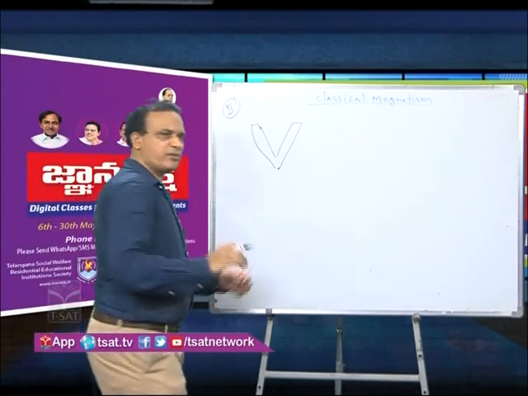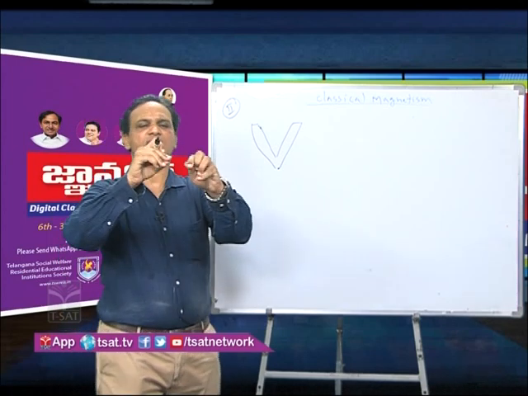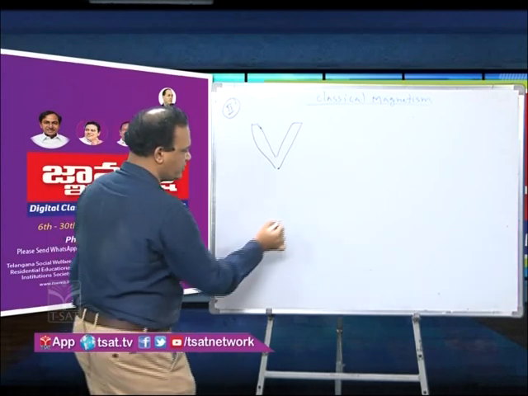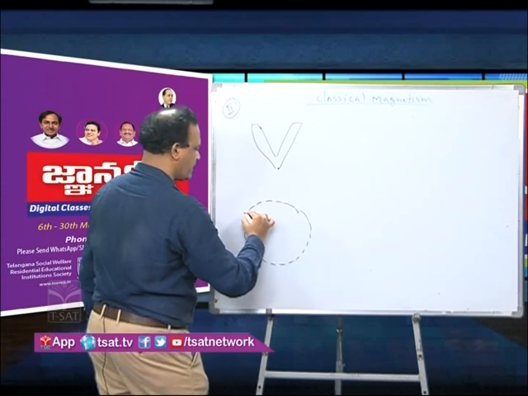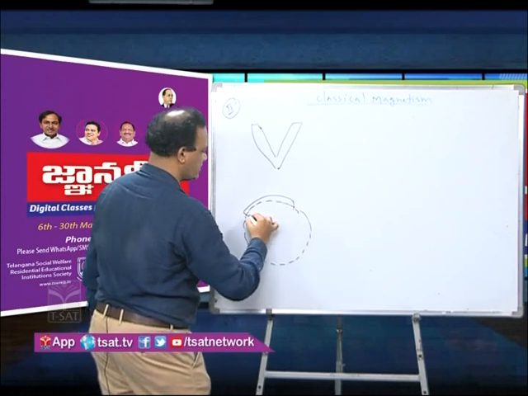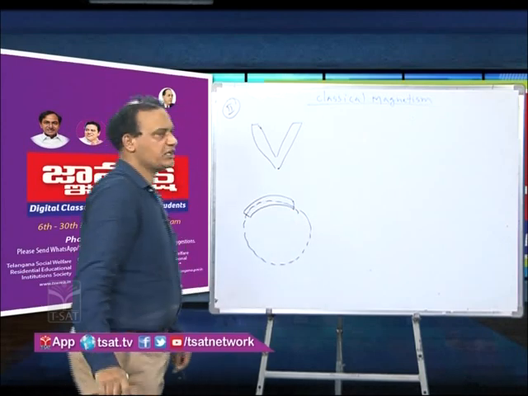Suppose the same bar magnet is bent in the form of an arc like this, suppose it is a circle. If the same bar magnet is bent in the form of an arc, then what is its new magnetic moment?